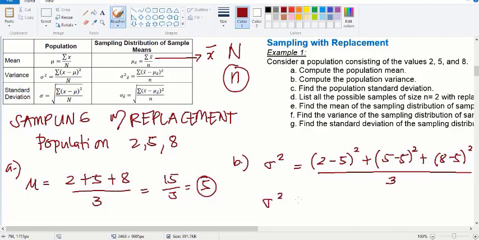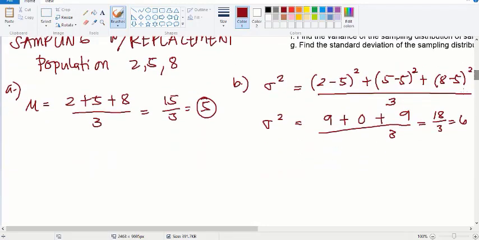So ang variance natin would be 2 minus 5, sorry, negative 3 square, 9. Plus 5 minus 5, 0 square, 0. Plus 8 minus 5, 3 square, 9. Over 3. So 9 plus 9, 18 divided by 3 is 6. Tama ba? Okay. So, let's go to letter C. Anong letter C?